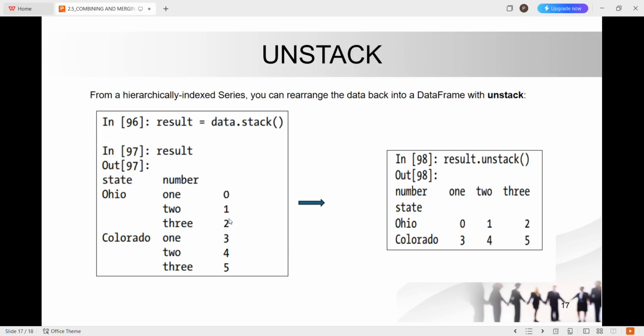Now these will be converted to a column, and the data is going to be written accordingly, 0, 1, 2. Similarly for Colorado, 1, 2 and 3. Whatever the specific rows are will be converted to columns here.